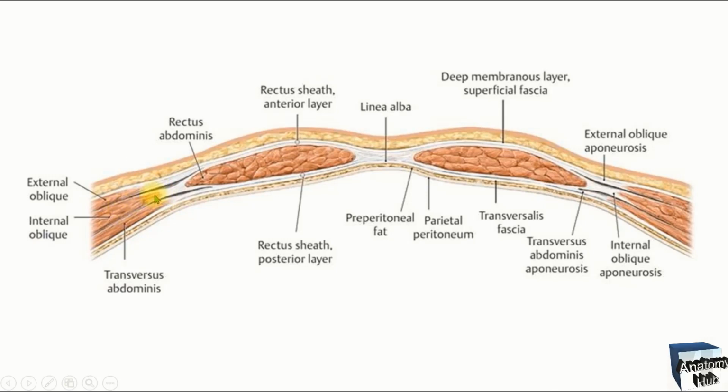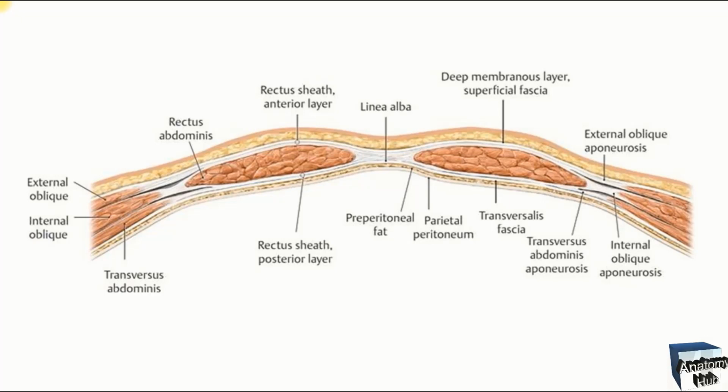And here you'll find the internal oblique muscle. Here also it splits into two laminae, the anterior lamina and the posterior lamina, and that merges with this external oblique aponeurosis. And here you'll find the transverse abdominis muscle, its aponeurosis also forms over here a sheath-like structure, that is the rectus sheath.